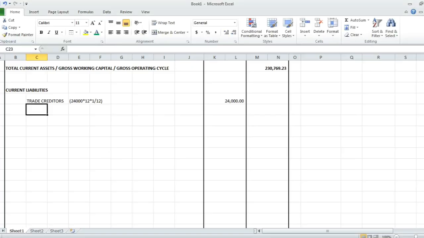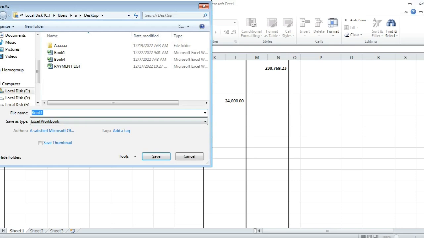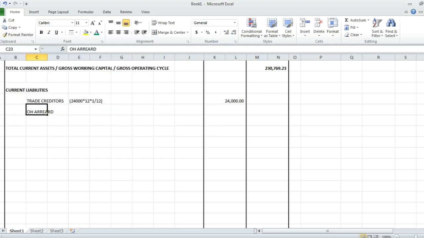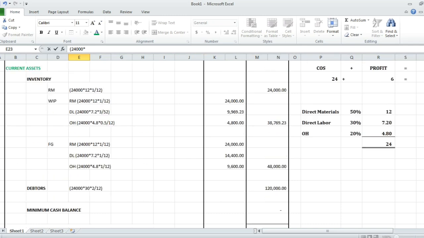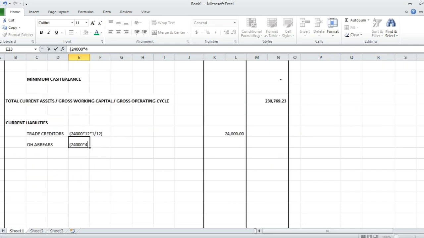Other expenses overheads arrears half of month: 24,000 units production into overheads 4.8 rupees into half month, 0.5 divided by 12.